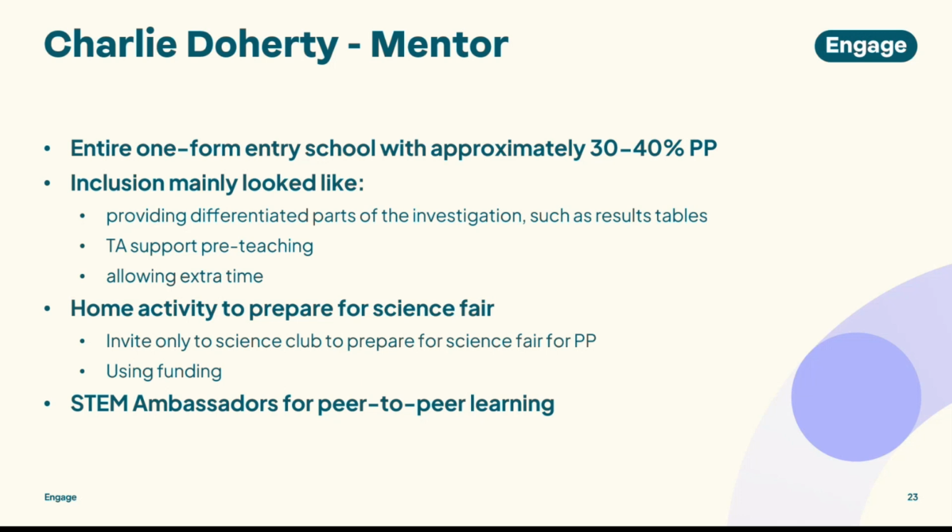So she then ran a science club inviting those pupils specifically, and that was done using the funding that she'd applied for, so that she could work with those pupils to think about their project and get it ready for sharing, which I think is really lovely, because it's those children that really benefit. And if they don't have the support from home, then we need to think about how we can provide that support for them. So they were basically handpicked to come along to the science club.